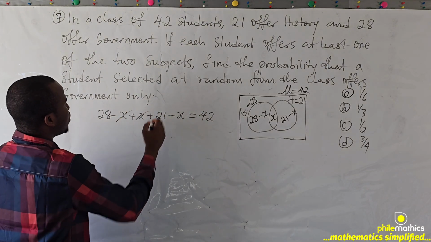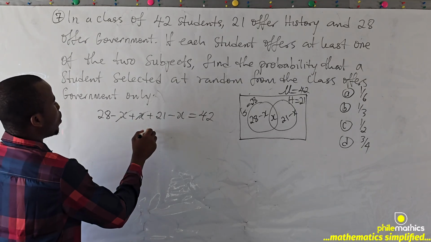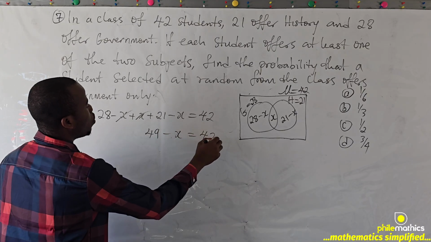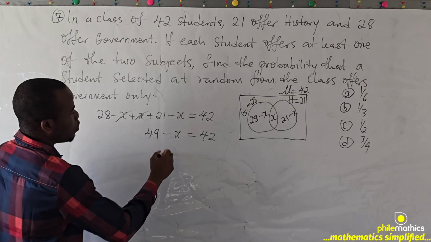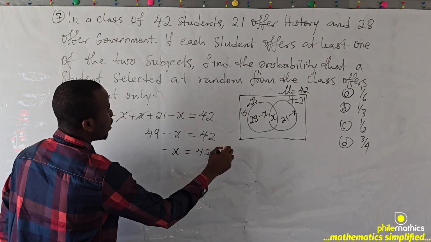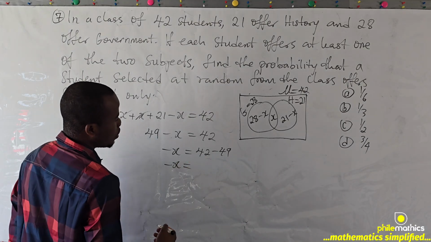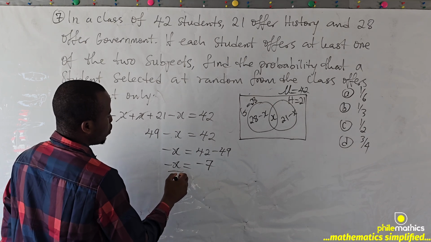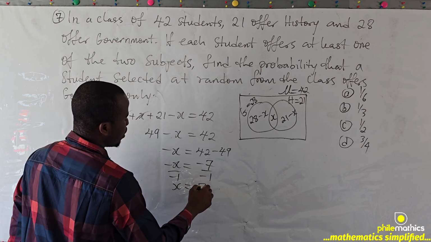The x's can go together. 28 plus 21 is 49. So we have 49 minus 2x equals 42. Subtract 49 from both sides. We have minus x equals 42 minus 49. Minus x will be 42 minus 49, which is minus 7. So divide both sides by minus 1. x is simply 7.